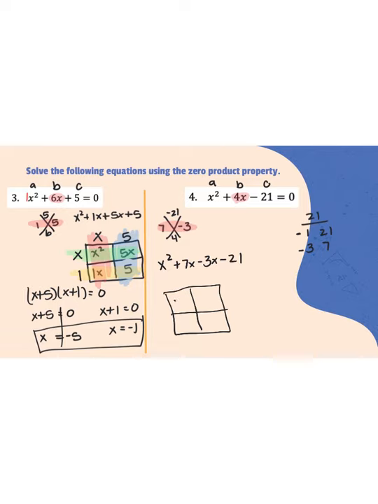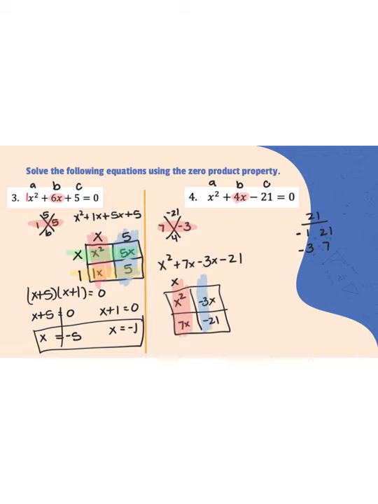And x squared is going to go on the top left. I have 7x and negative 3x, and then negative 21 on the bottom. So I'm going to find what do I have in common with my first column right there, x squared and 7x. Well, I know that they both have an x in them. I'm going to move to the right.